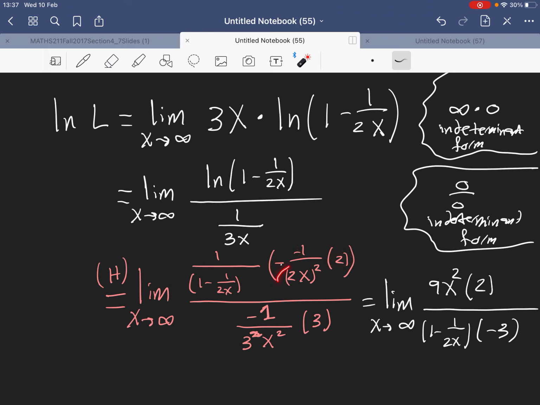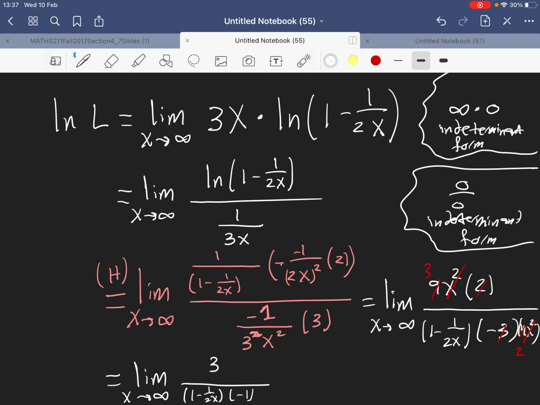And then 2x squared will go into the bottom, which is 4x squared. Simple cancellation, x squared with x squared. The 2 and the 3, so the final one will be 3 in the top over 1 minus 1 over 2x with a negative, so the final answer will be negative 3 over 2.